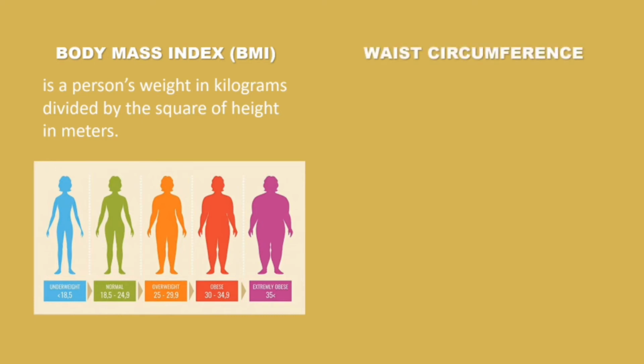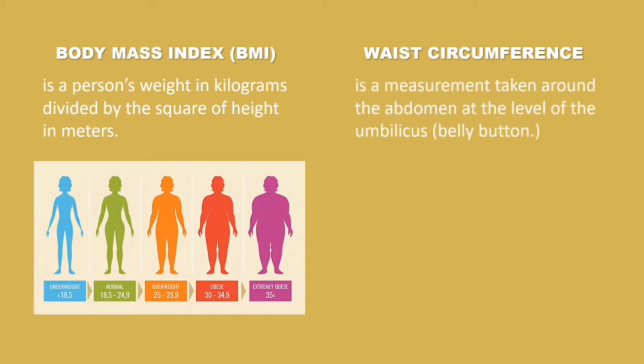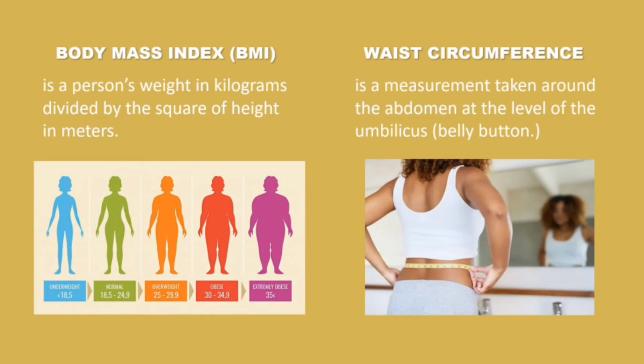The second one is waist circumference. Waist circumference is a measurement taken around the abdomen of our body at the level of the umbilicus or the belly button. A healthy body composition indicates that you may have less risk of developing obesity-related diseases such as diabetes, high blood pressure, and even some cancers.